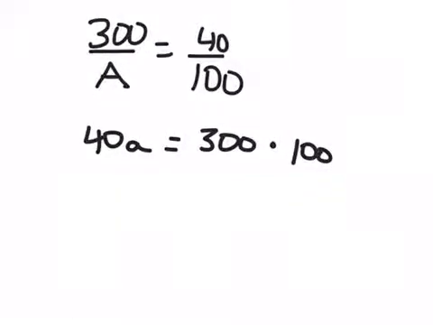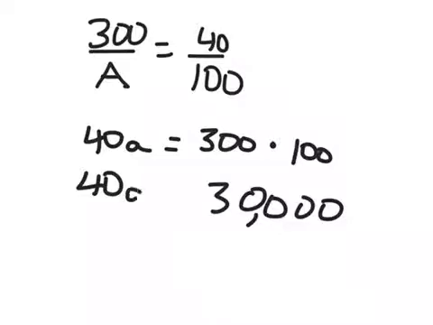Which in this case, it would be 30,000. And remember the 48. So we have 48 is equivalent to 30,000.